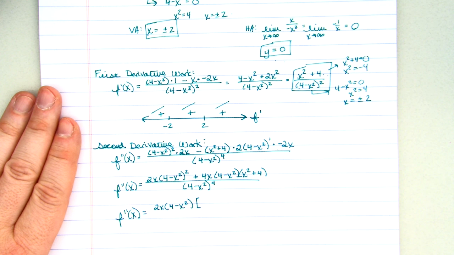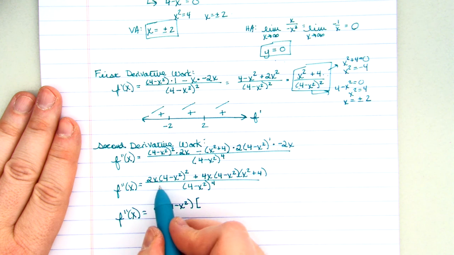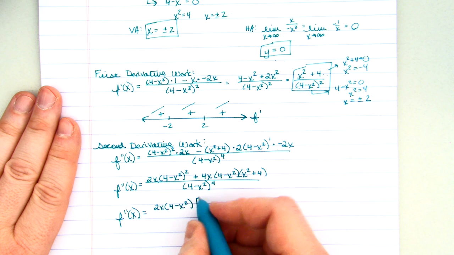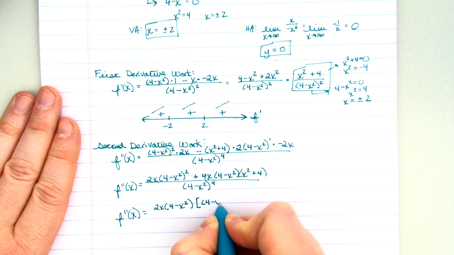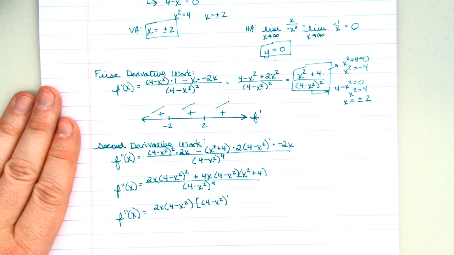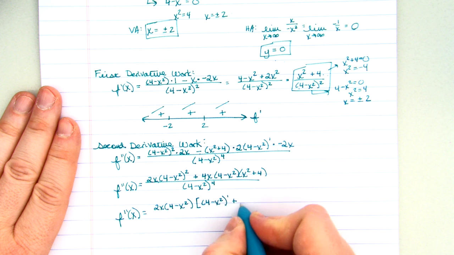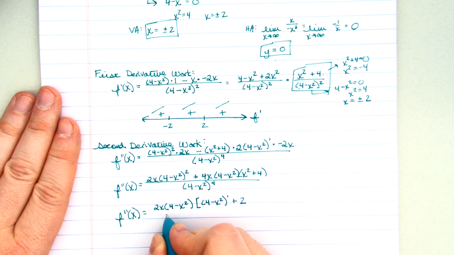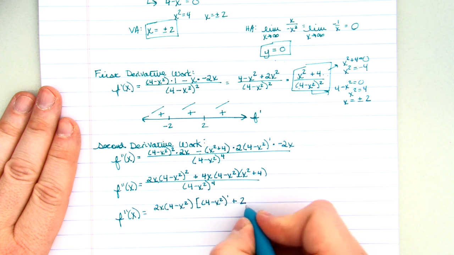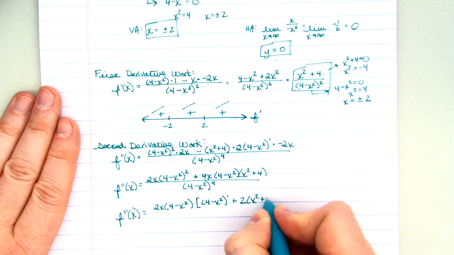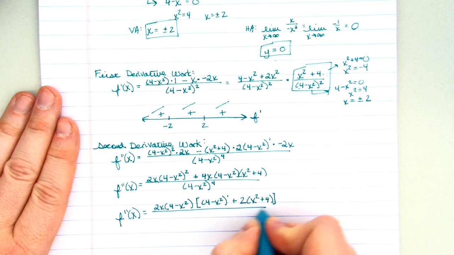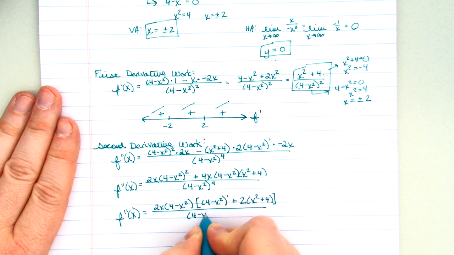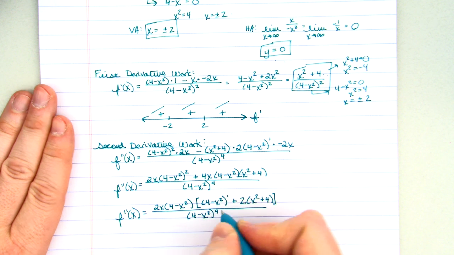And I'm left with, okay, the 2x is good. I need a 4 minus x squared to the first. Next part, 2x times what gives me 4x? I need a 2. I'm good with the x. I'm good with the 4 minus x squared, but I need that x squared plus 4 to show up in there. This is still over (4 minus x squared) to the 4th.